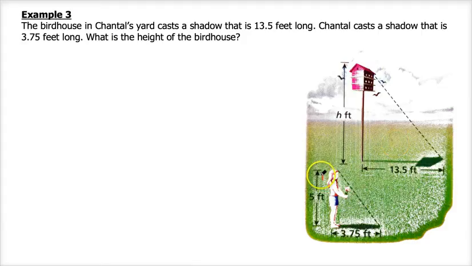So I'm going to write a ratio that compares Chantel's height, which is 5 feet, to our missing height, which is the height of the birdhouse, and that's going to be h. And then on the other side of my proportion, I'm going to compare Chantel's shadow length, 3.75, to the shadow length of the birdhouse, which is 13.5.